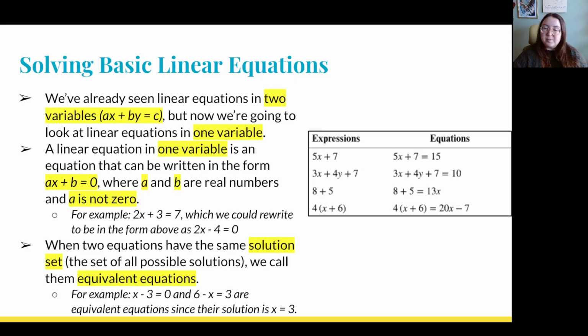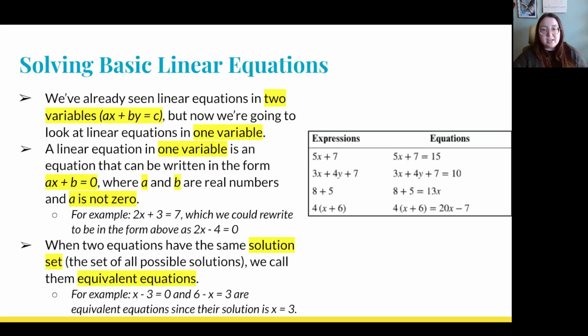For example, we'd have something like 2x plus 3 equals 7, which you could rewrite in the form above by subtracting 7 from both sides, which would give you 2x minus 4 equals 0. So you can turn it into the form where it equals 0.